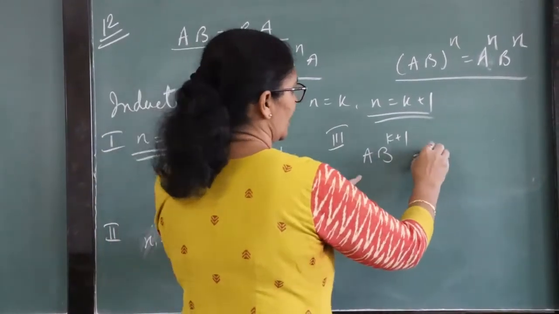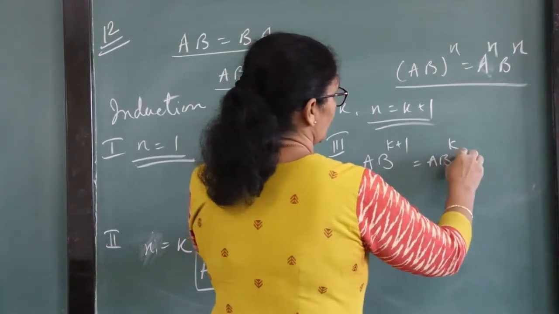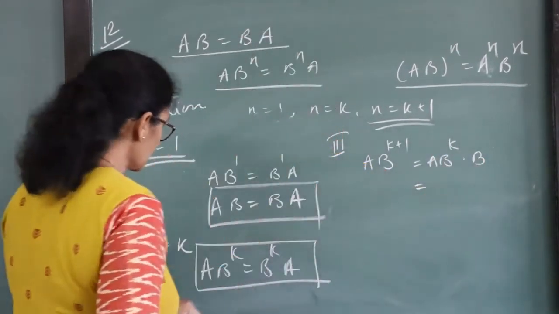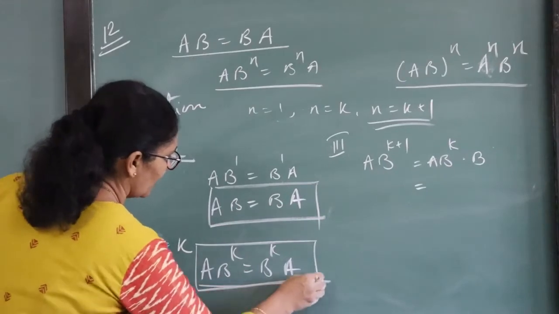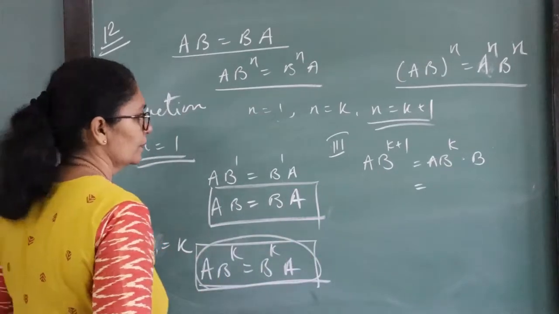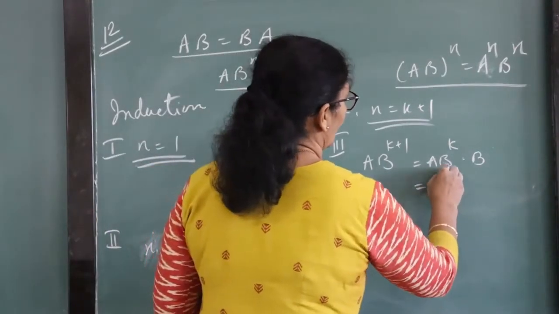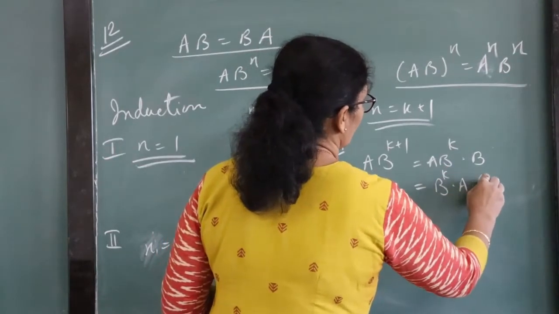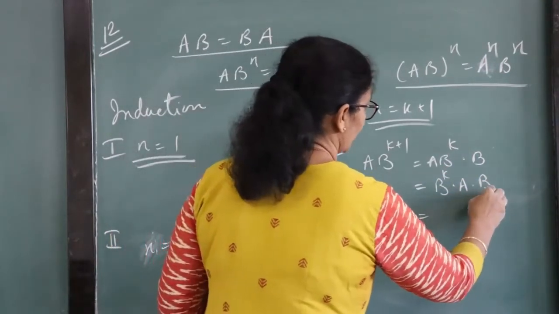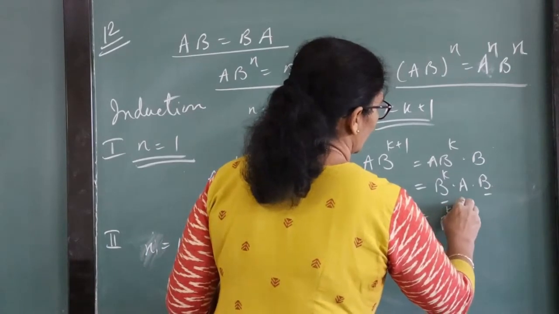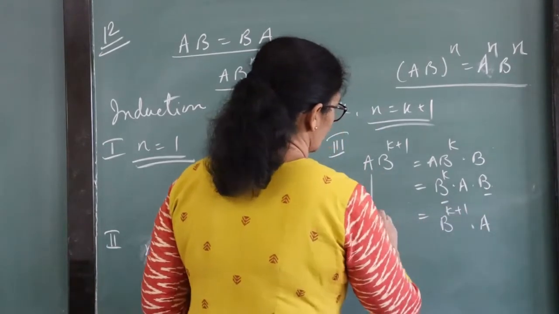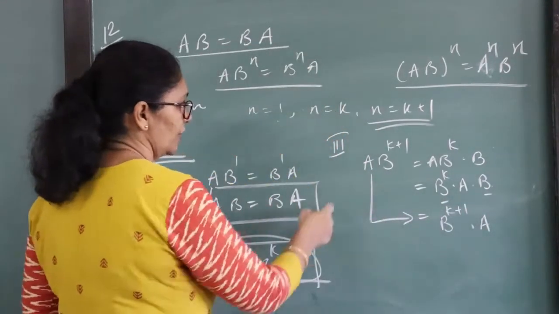Here we can split (AB) raised to k into B, but in place of (AB) raised to k, you can write B raised to k into A into B. We can combine this to B raised to k plus 1 into A. So we have proved this result for k plus 1.